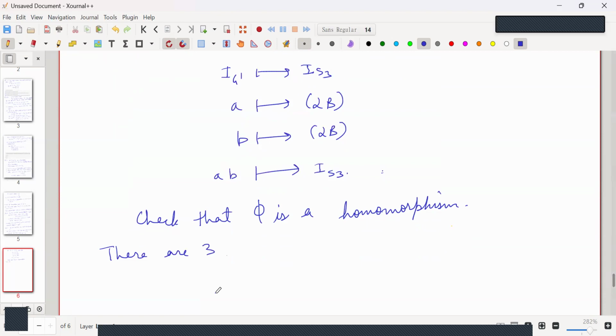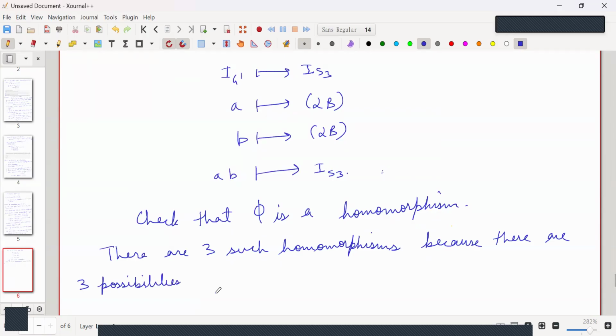There are three such homomorphisms, because there are three possibilities for alpha beta belonging to S3.